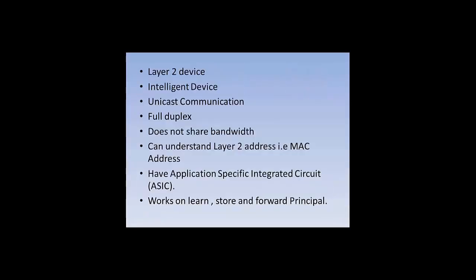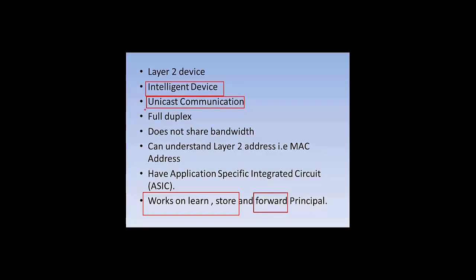So I think every topic point is clear to you. It is a Layer 2 device in the OSI model, working with the data link layer header. It's an intelligent device because after maintaining the database and completing the learn and store principle, it can take the right forward decision to do unicast communication.